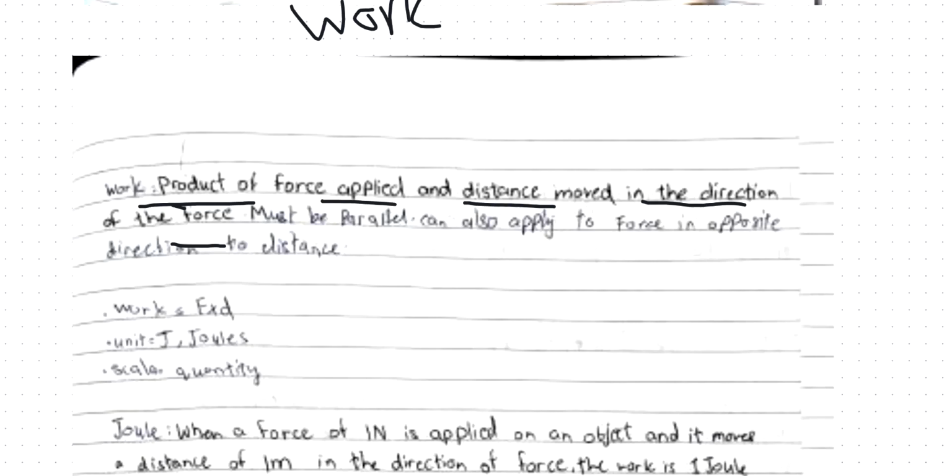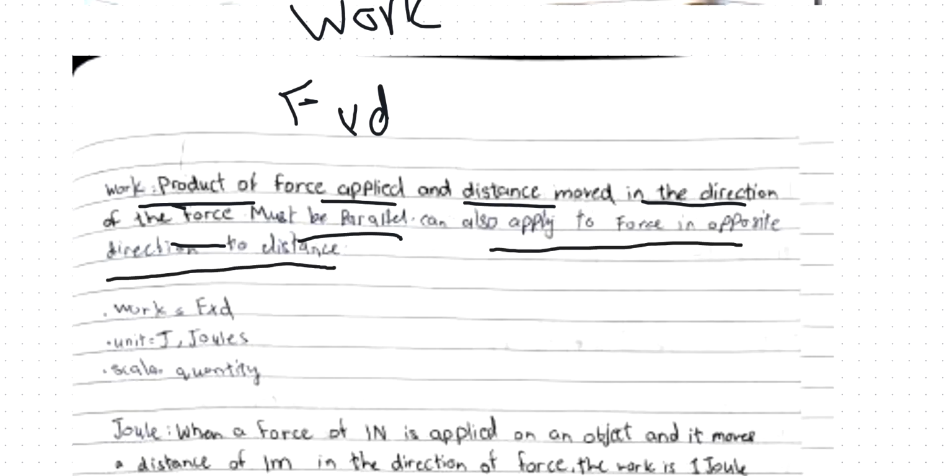So work done is the product of force into the distance in the direction of that force. That force and the distance must be parallel. So this can also apply to force in opposite direction to the distance. So remember, the one rule for work done is that the force must be parallel to the direction.